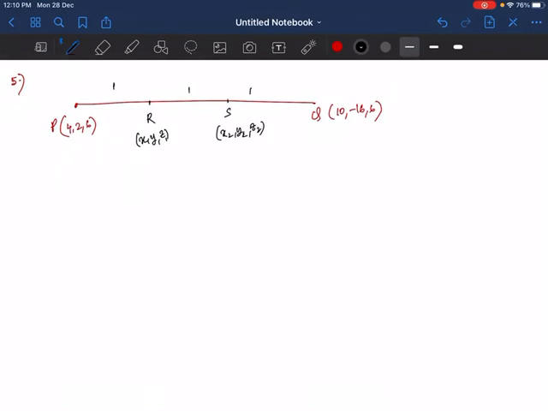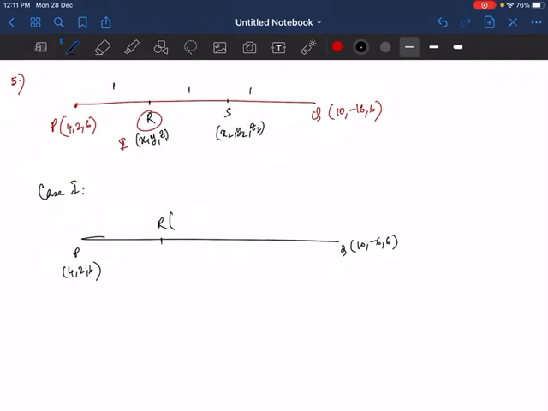Now what I will do is, I will try to find each one of them at a time. I will first try to find R, then next I will try to find S. So for R, this is my case 1. Here it will be R, then P, then Q. Q coordinate is (10, minus 6, 6), and P coordinate is (4, 2, 6).